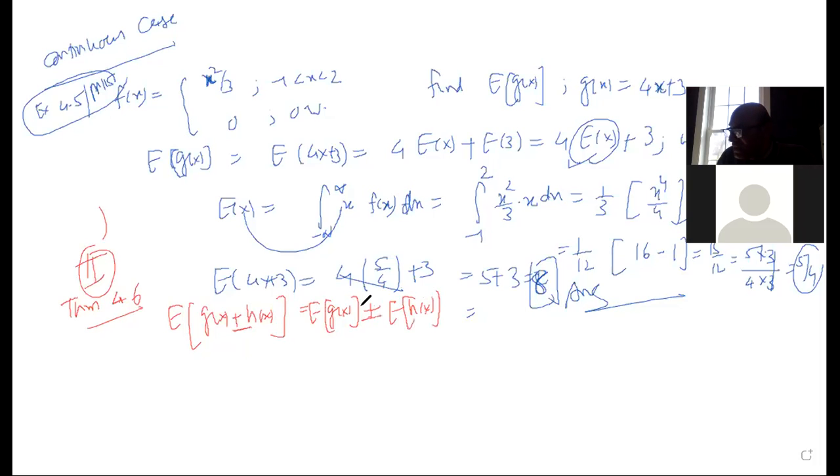I would like to take one more example over here, again for the discrete case first, and after that we will do the continuous case.